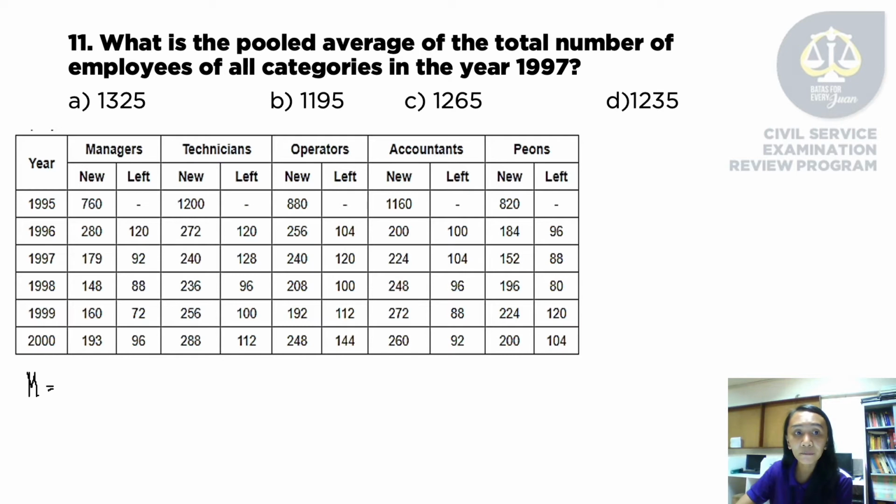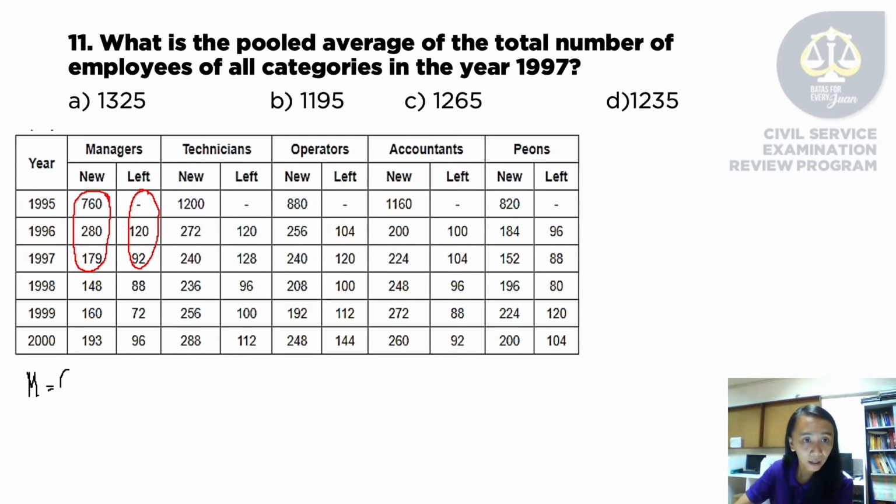So, ipag-add natin yung new employees at yung mga employees na umalis para makuha natin yung numbers ng ating employees. Same formula with your technicians, operators, accountants, and peons. Okay? So, for my managers, ito yung aking ipag-add at ipag-subtract.